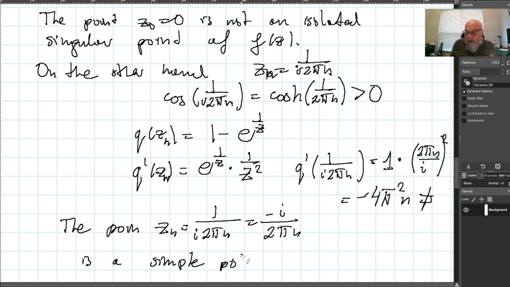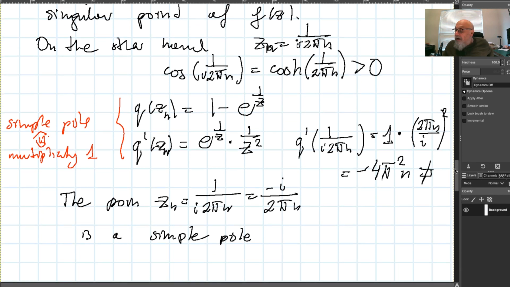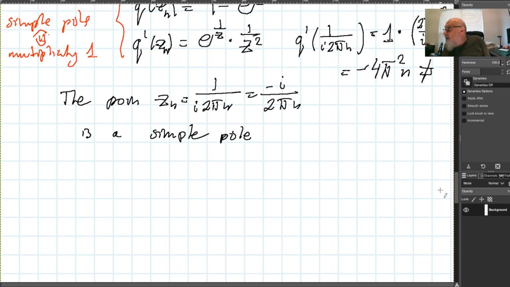Simple pole, because we got multiplicity 1, the first derivative is non-zero. And we got the second problem solved.